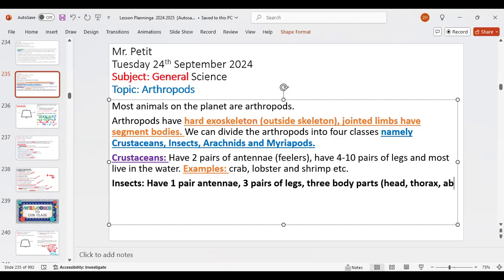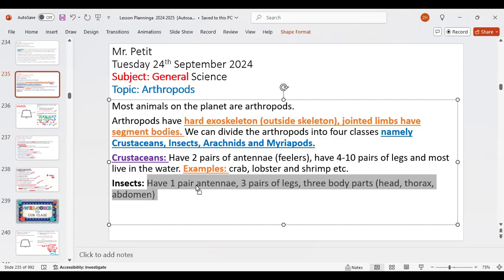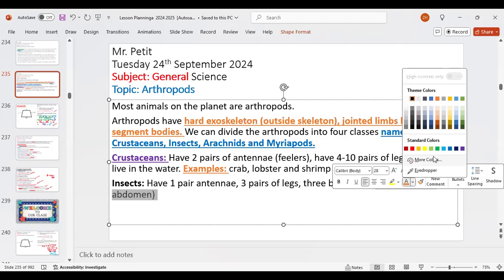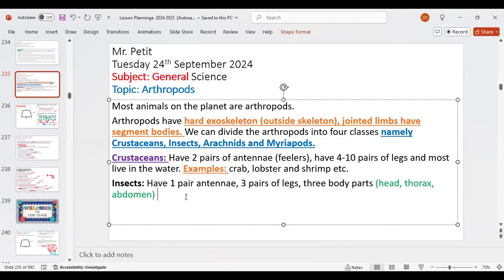And the abdomen. What are the 3 parts of the insects? Head, thorax, and abdomen. Very good. And adults live on land.